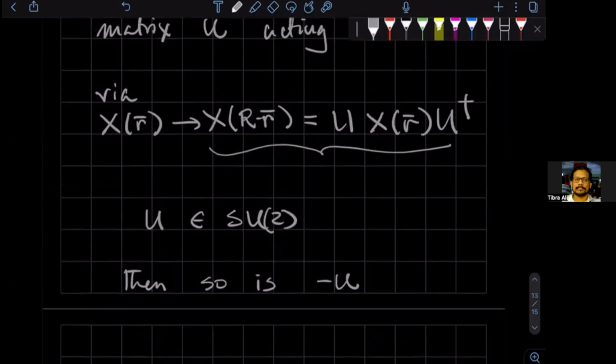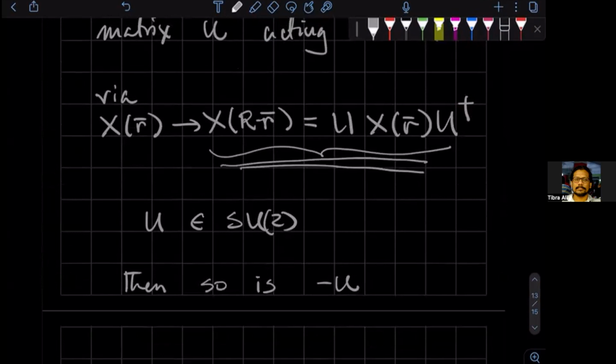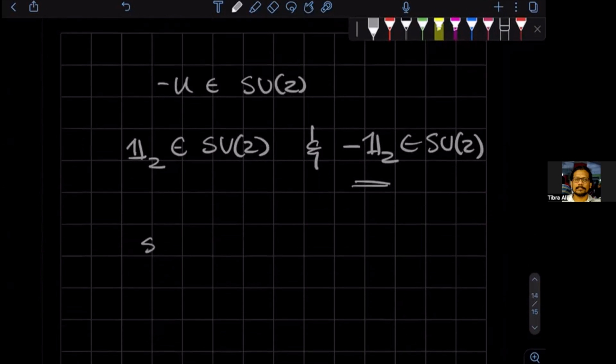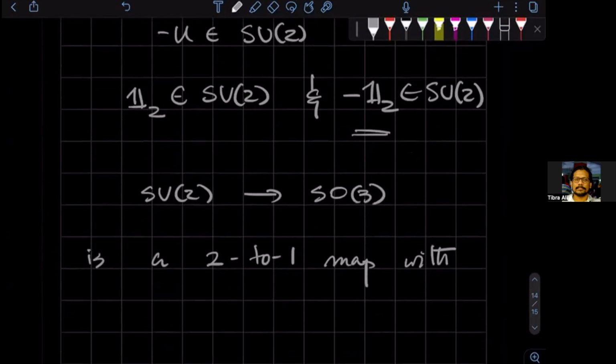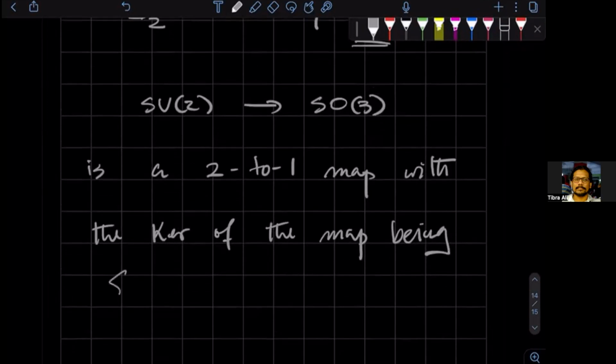So what does this map do? This is a 2-to-1 map with the kernel of the map being 1 and minus 1, which is Z2.